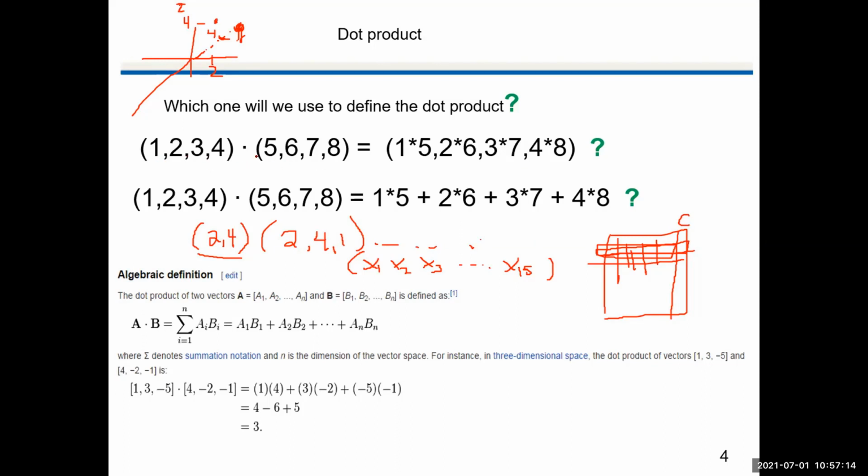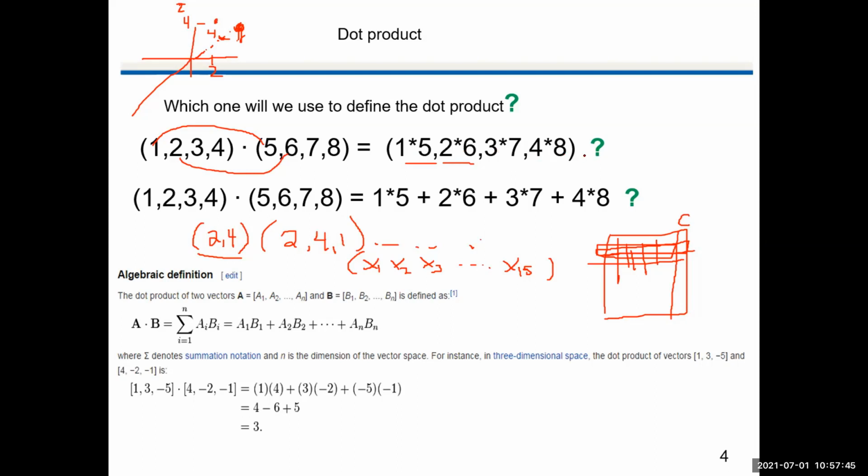What we mean by multiply is we're going to take the first times the first, the second times the second, the third times the third, and so on. So 1 times 5 here, 2 times 6, 3 times 7, and 4 times 8. So we get 5, 12, 21, 32, right?